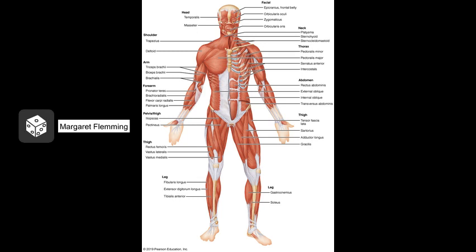Muscles can be named for their location. Can you look at this illustration and find one or two? Well, femoris, located near the femur. There's one right there. Pectoralis, located at this part of the chest.